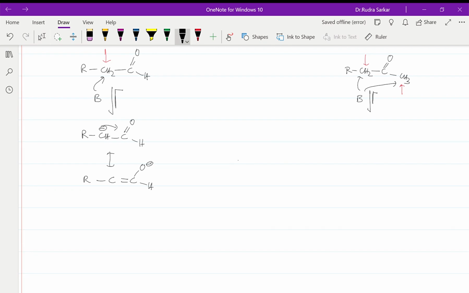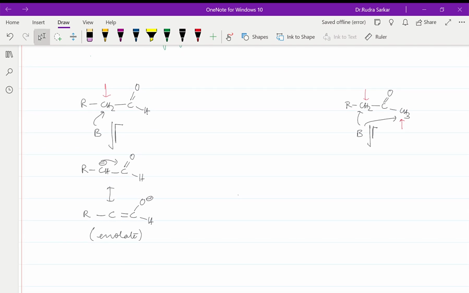And the resonance stabilized base is basically called an enolate that we obtain from an aldehyde, and there can be two such enolates from the unsymmetrical ketone, as can be seen.